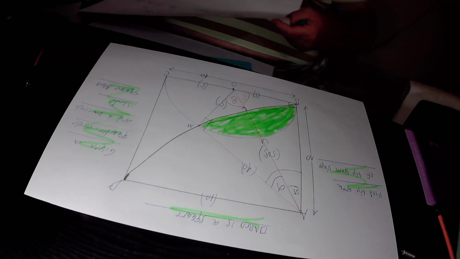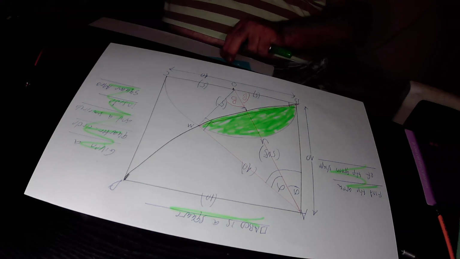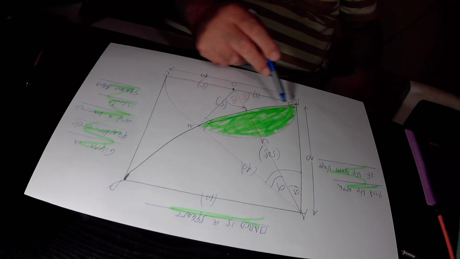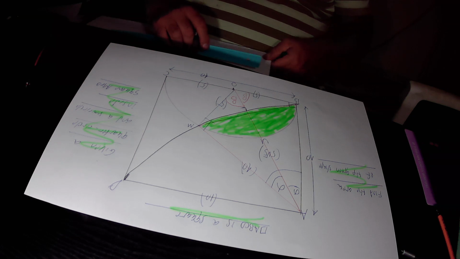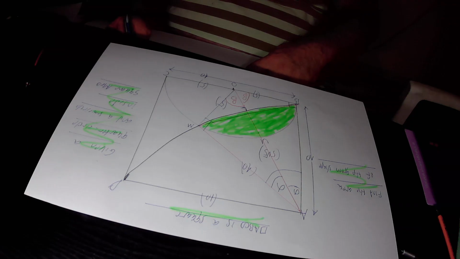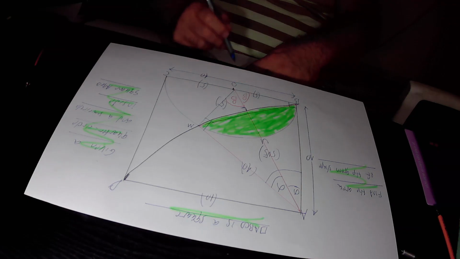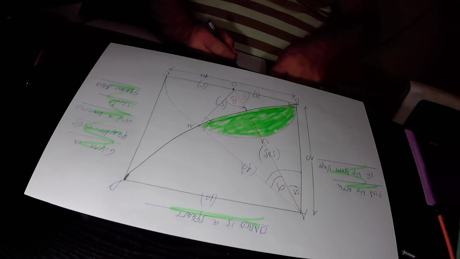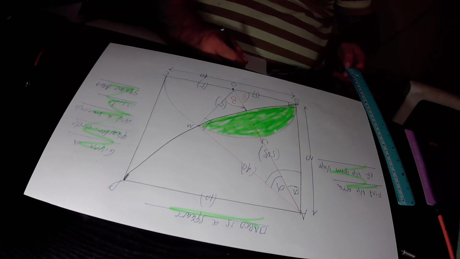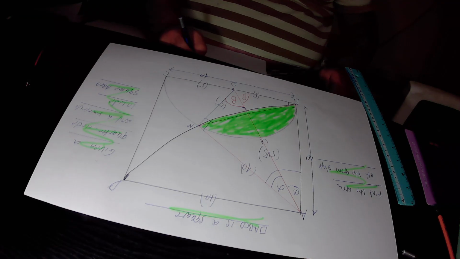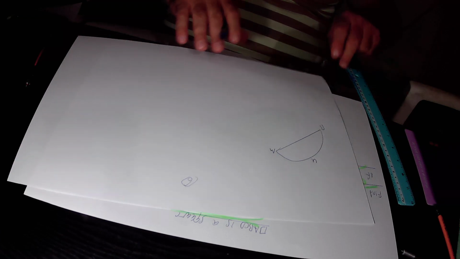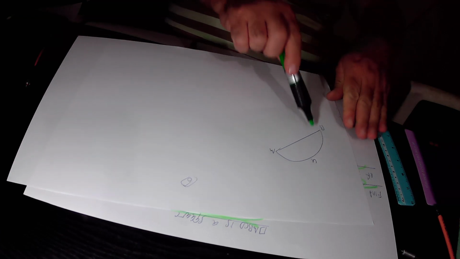So what is the area of this upper segment BUM? That is the upper green segment BUM.